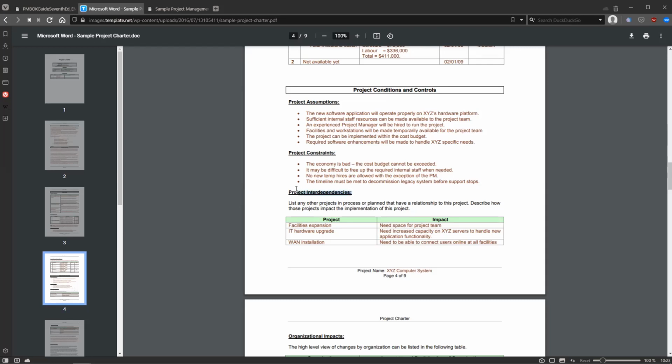Also important, project interdependencies. Personally, I have never had a chance to document such information. Mostly it was around assumptions and risks, and sometimes constraints, but otherwise nothing additional was documented in the conditions and controls within the project charter.